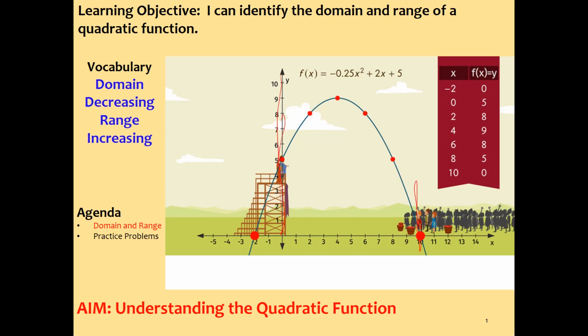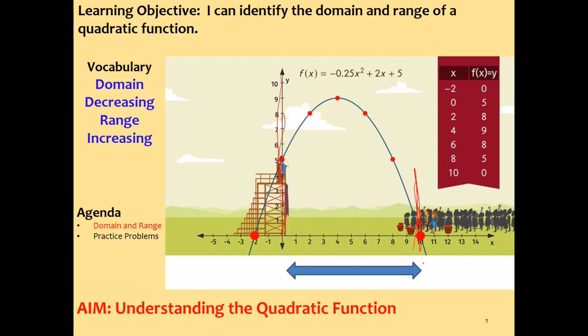So for the domain, we're only looking at where we see the cannonball. So it's from here to here, right? It's not going to go back here in the negatives. That's not the direction they're throwing this cannonball, and it's not going to go further underground, right? So our domain is just there.